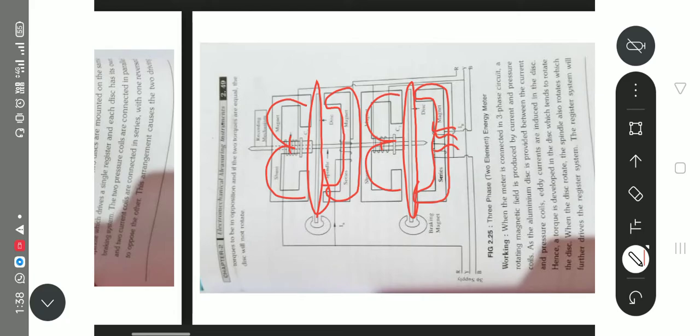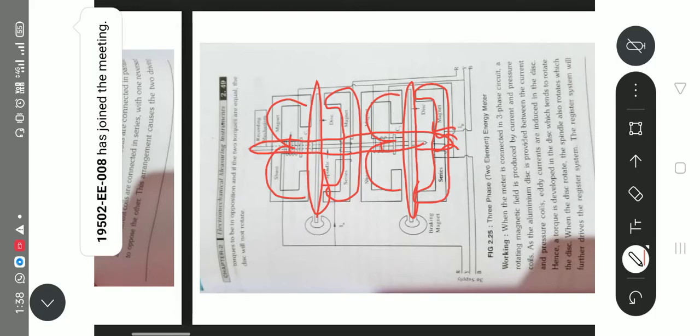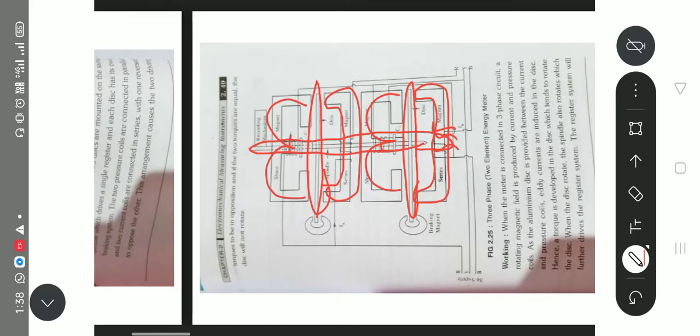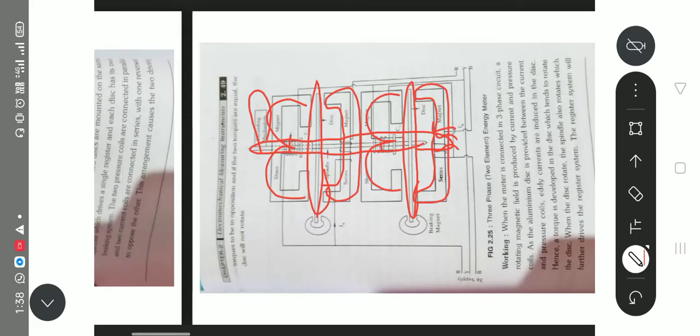The aluminum disc is connected to one spindle, so whenever the disc rotates, the spindle also rotates. The spindle is connected to a registering mechanism. With the registering system we can register the energy produced in this meter, and it is recorded directly in kilowatt hours.